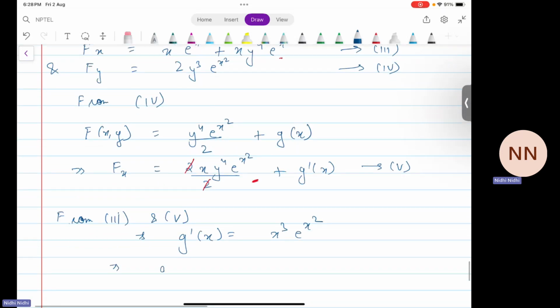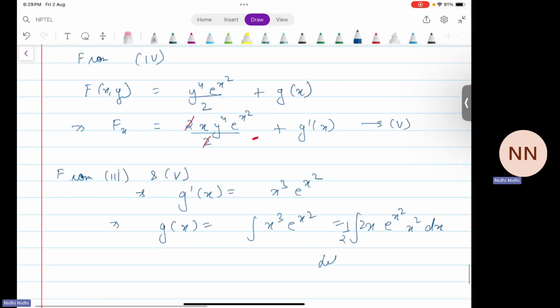This implies g(x) is equal to the integral of x cube e to the power x square, which is x square times 1 by 2 e to the power x square dx. Now let t is equal to x square. We get dt equals 2x dx.